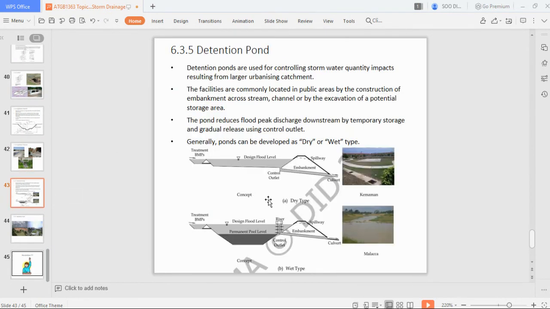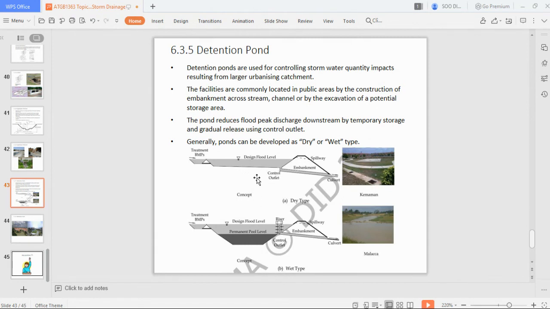Okay, so finally we have the detention pond. Like I mentioned just now, the on-site detention. So in a taman or in a community, instead of having all the water in that area flow directly out into the public system, we want to have a detention pond.